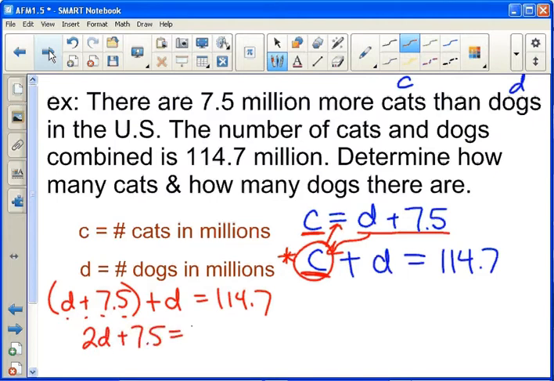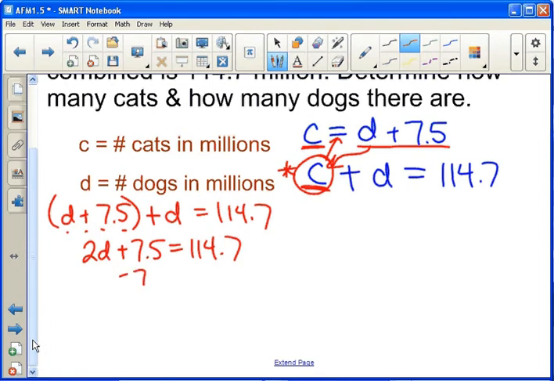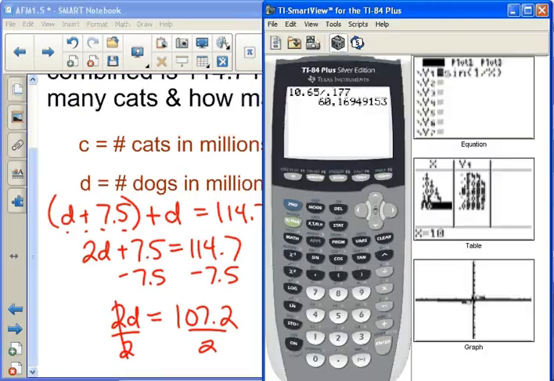I can subtract 7.5, 107.2, and then finally divide by 2. So if I divide that by 2, 107.2 divided by 2, 53.6, alright? So 53.6 million dogs.